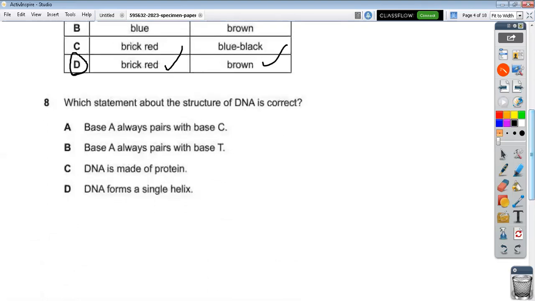Which statement about the structure of DNA is correct? Number 8. So what do you think?